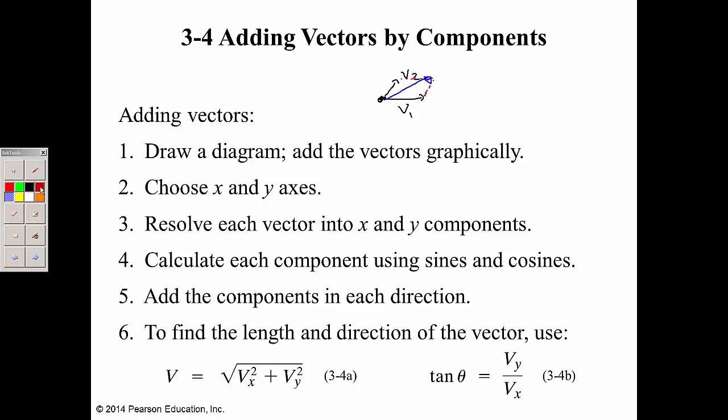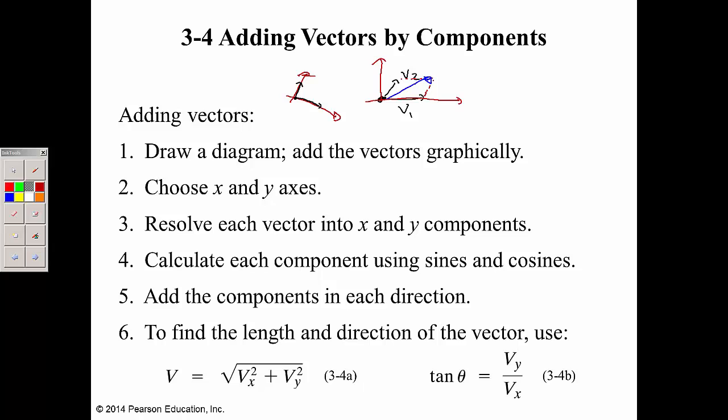Choose your x and y axes, and in this case it's easiest to choose them like that. However, if these vectors were both rotated by a certain angle, then it may make more sense to choose our axes to look like that, such that one of the vectors lines up on the axes.